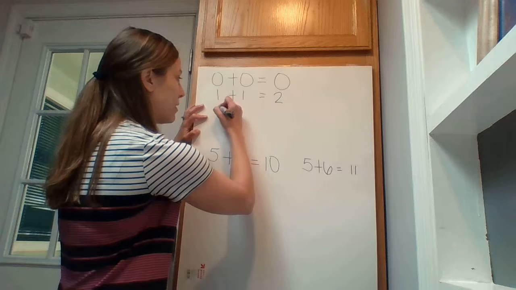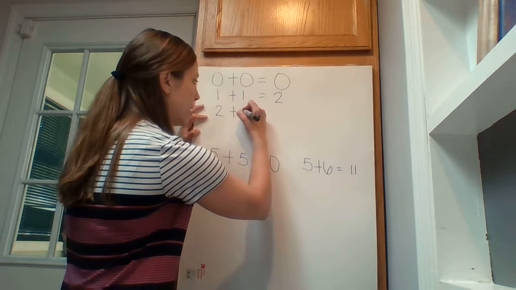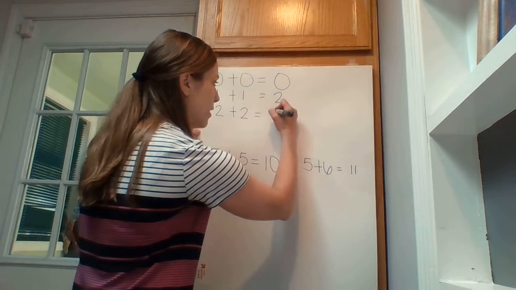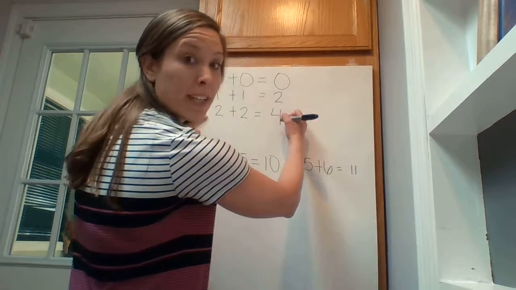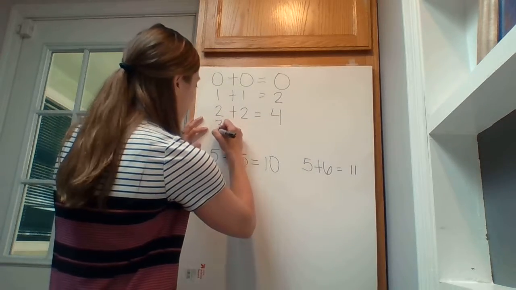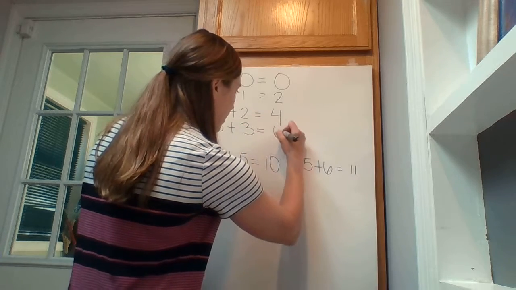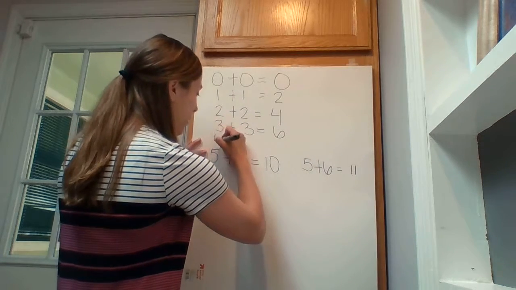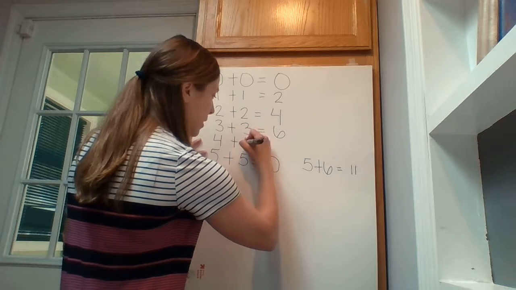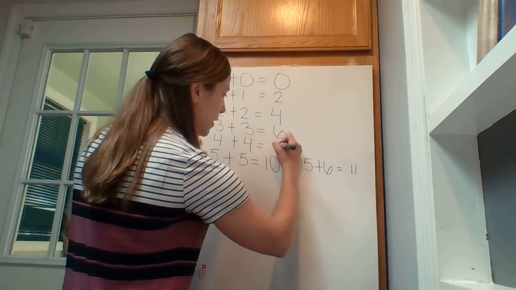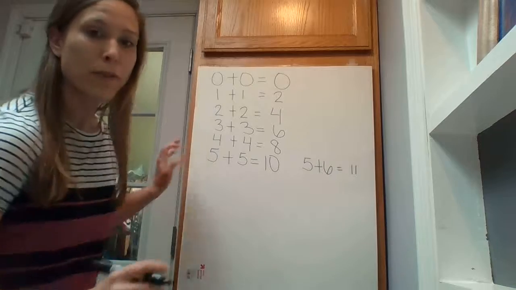We could keep on going to 2 plus 2 equals 4. We could keep going to 3 plus 3 equals 6, 4 plus 4 equals 8.